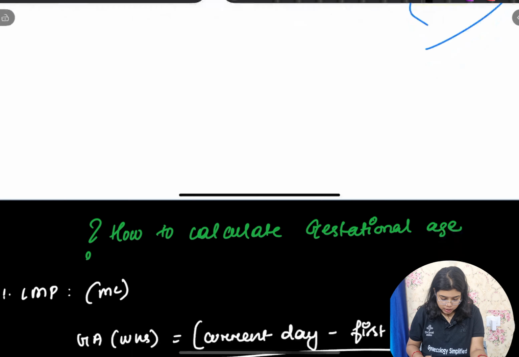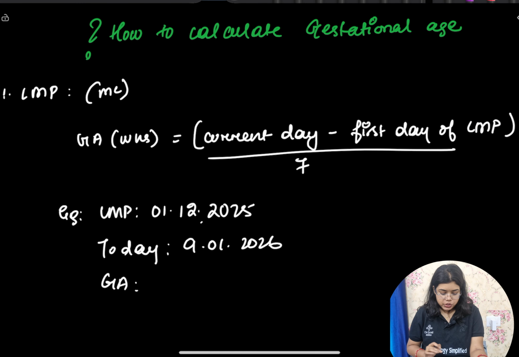Okay, then coming to the gestational age. This is the most important part. We have to know how to calculate the gestational age because it is very important. Clinically, we have to know the correct gestational age so that we can determine the outcome of the delivery.